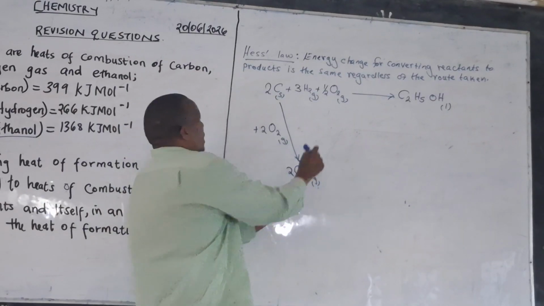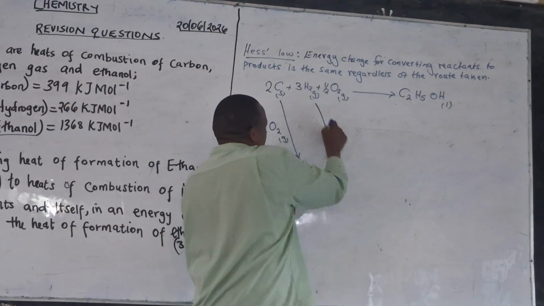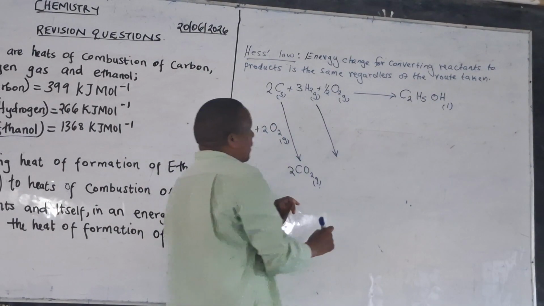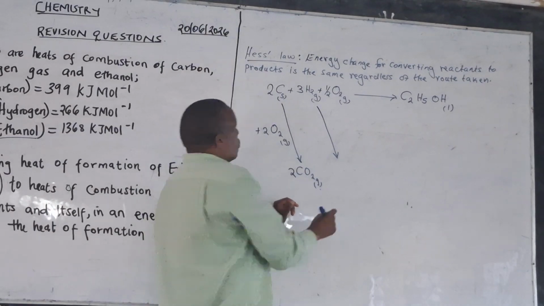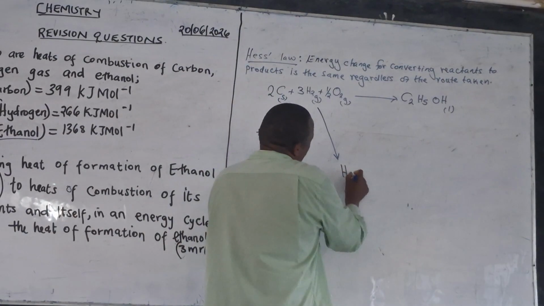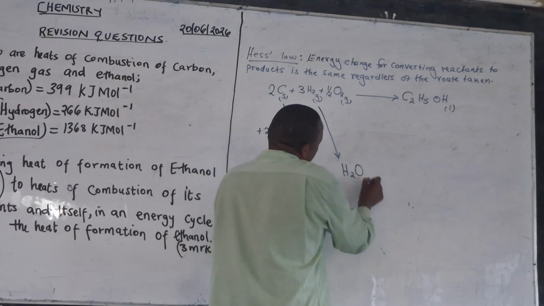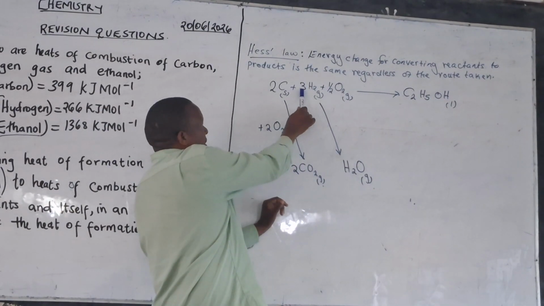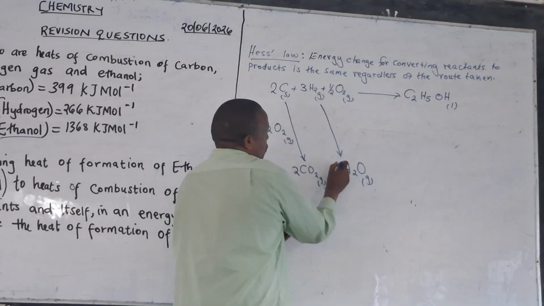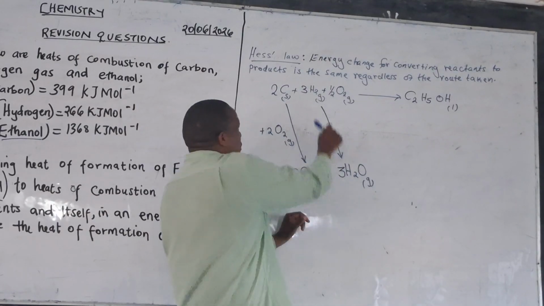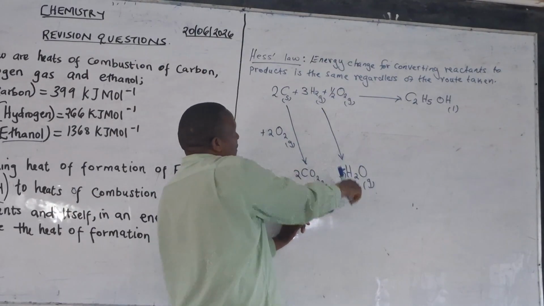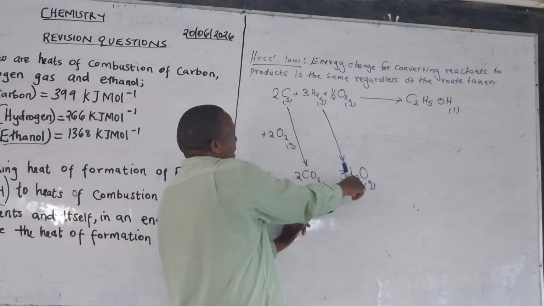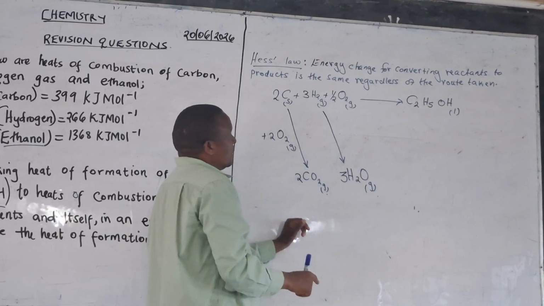Now, when you burn hydrogen, combustion of hydrogen, what do we produce? We produce steam or water. How many molecules of hydrogen did we burn? There are 3. So the product here should also be 3. So when you write 3 here, it does not only affect hydrogen, but it also affects oxygen.